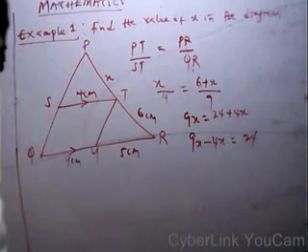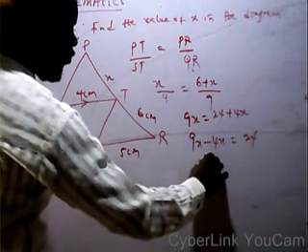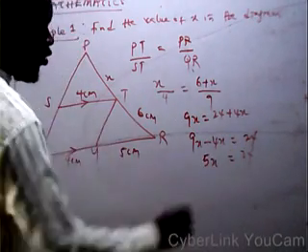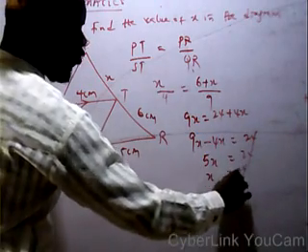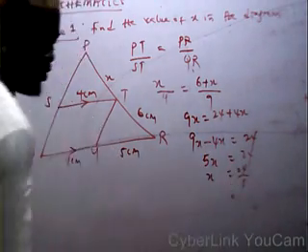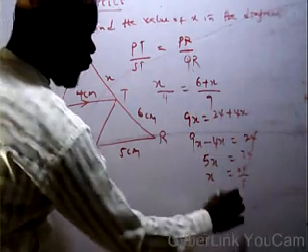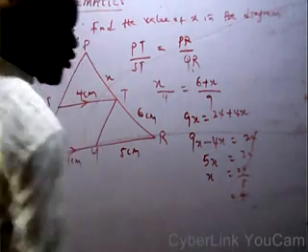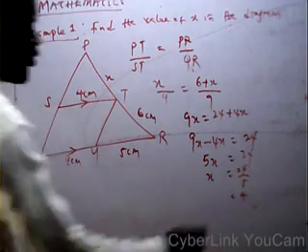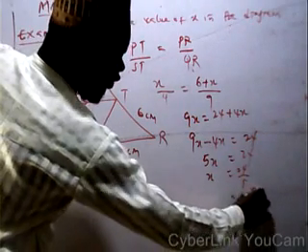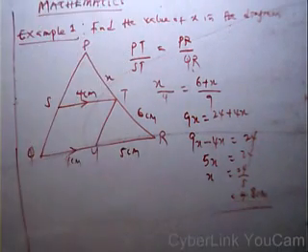Equals 24, right? So we have 5x equals 24. What is your x? x is 24 over 5. And 5 in 24 is 4, remainder 4. What is 5 in 40? That is 8. So x is 4.8 centimeters.